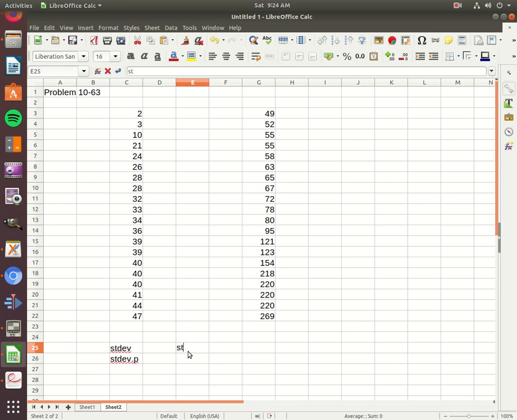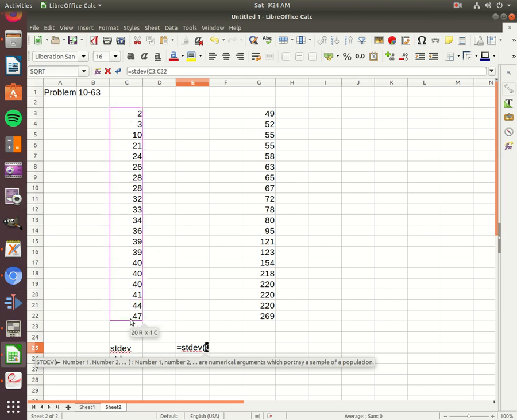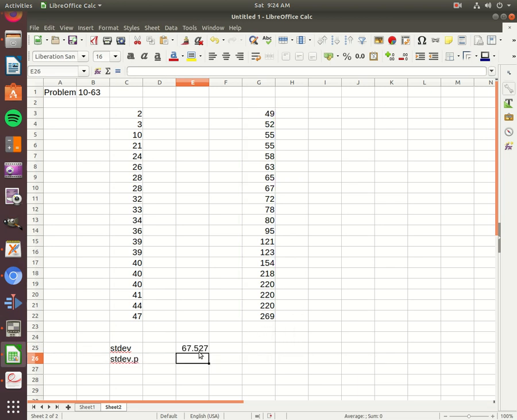Okay, so here my formula is going to say equal standard deviation. You'll see STDEV, and I'm saying, hey, I want to know what the standard deviation is for all of this data. And it spits out 67.57.